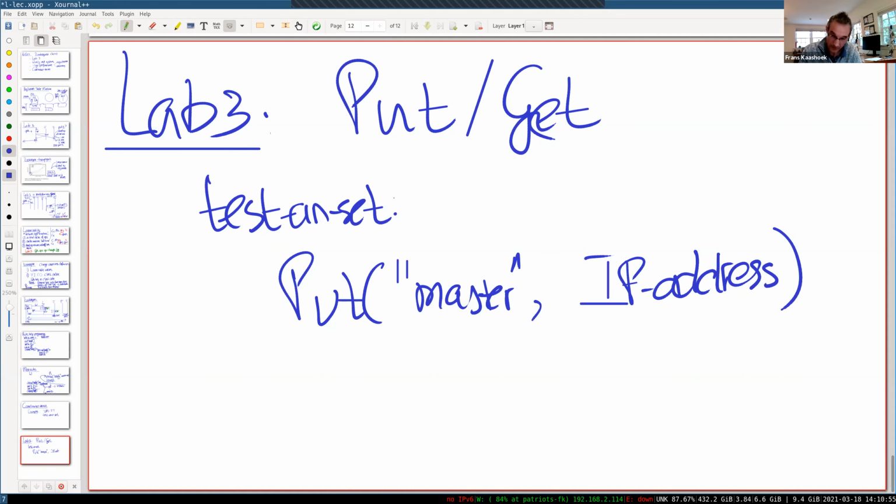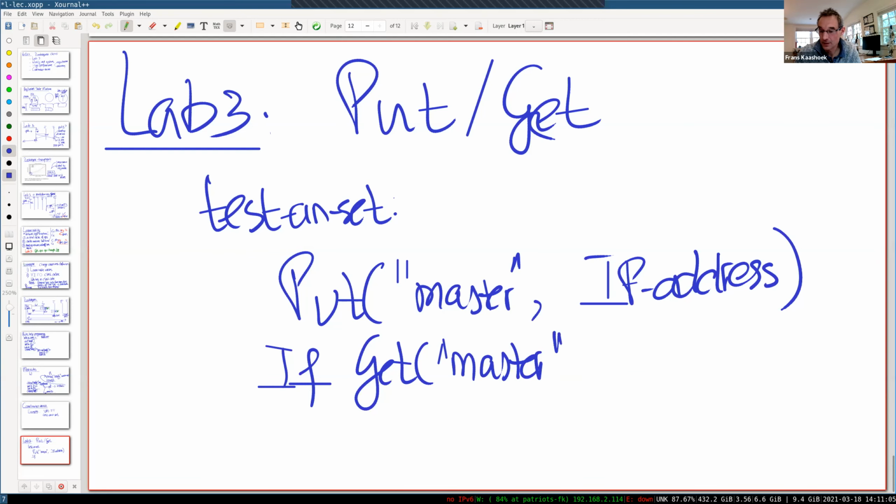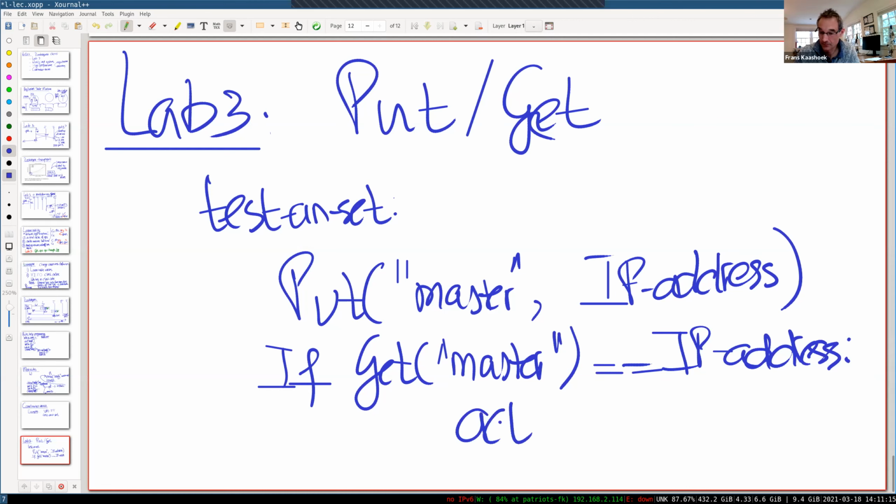Then we do a get, and if the get on master is equal to my IP address, then act as master or act as leader. So this is our naive implementation. We don't have many other choices because we only have a put and a get, and this is how we're going to implement this. Will this do the desirable thing?